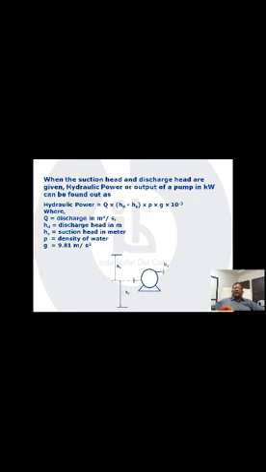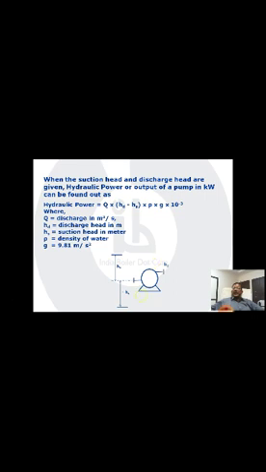For example, if the suction is above the pump center line, that means even if the pump is not there, this much head will be attained by the liquid head itself, right? So that much head is not required to be created. In such cases, the net pressure will be HD minus HS.